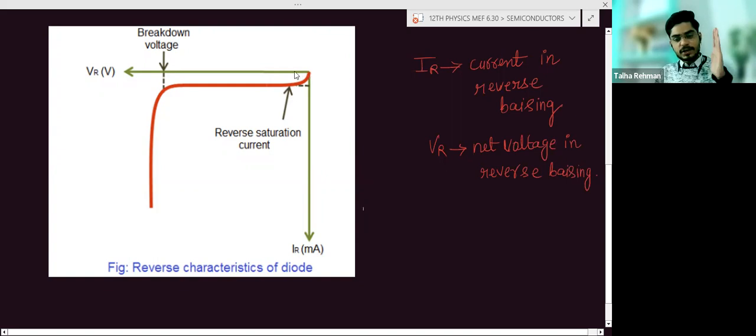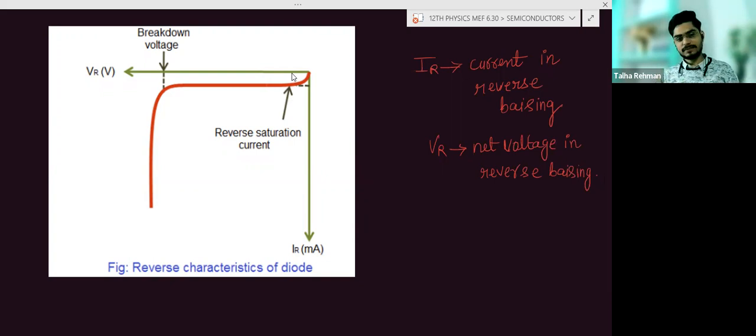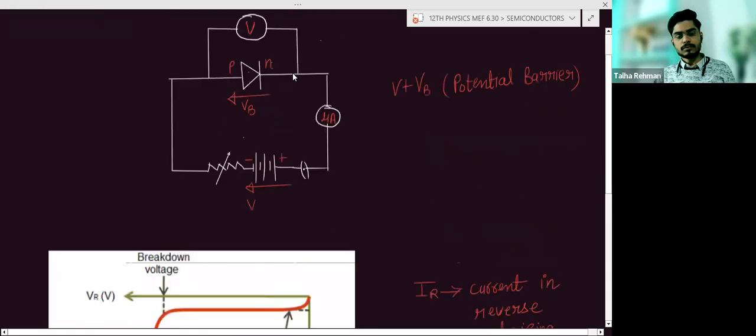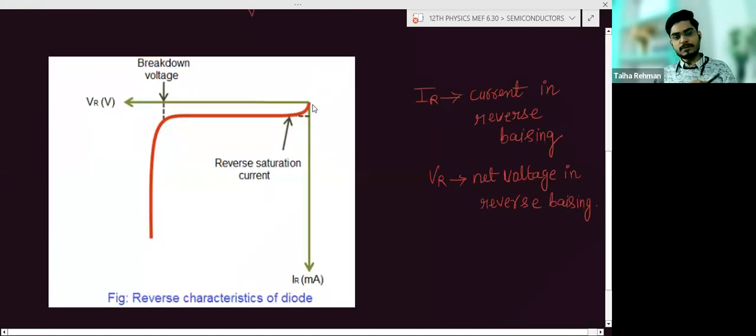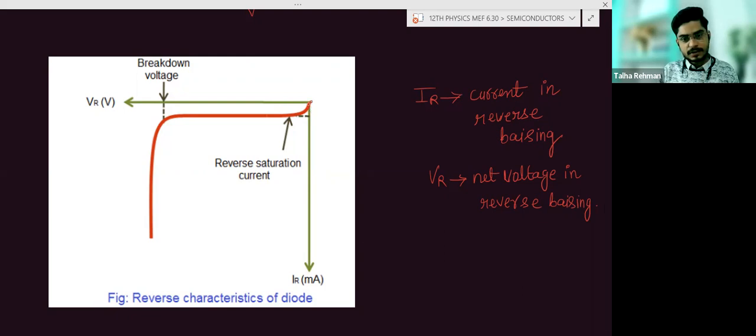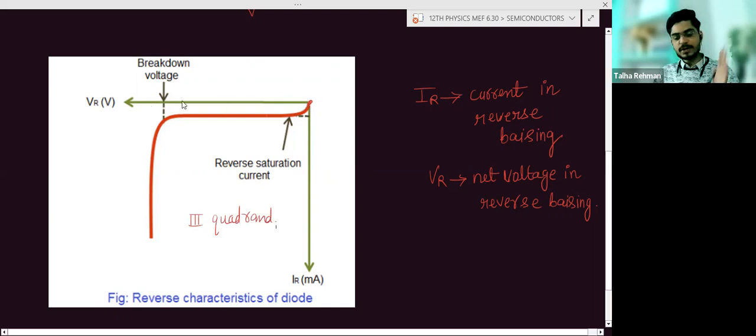Initially when you apply the voltage, the potential barrier will increase. This is the graph in the third quadrant. When you move from here to here, the voltage increases in the negative direction.